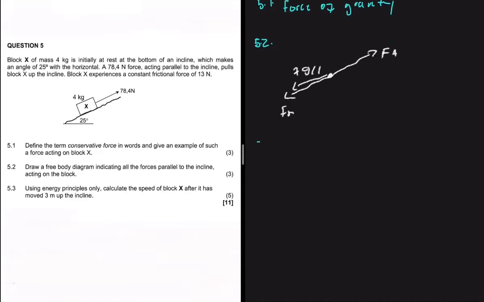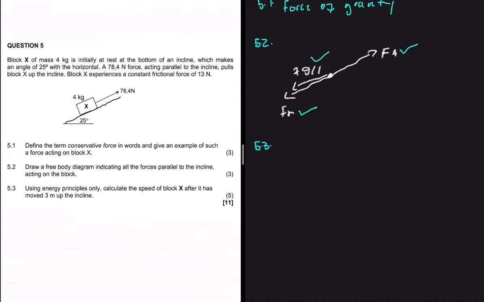And 5.3: using energy principles only, calculate the speed of block X after it has moved 3 meters up the incline. Right, so let's look at the information we have and see how we can approach this problem. We have the magnitude of the applied force, we have the magnitude of the frictional force. We can determine Fg parallel, right?